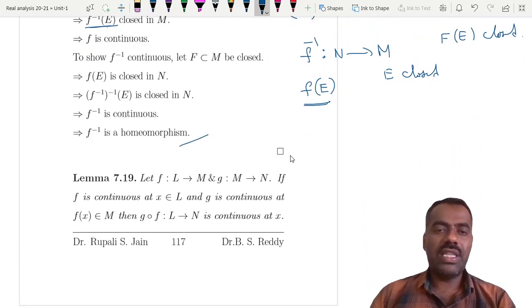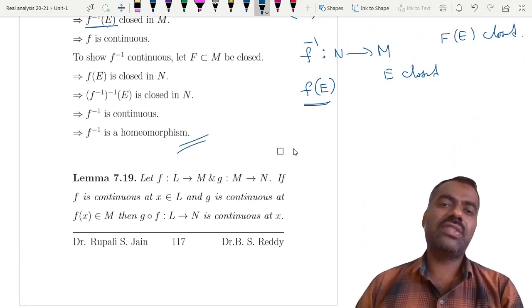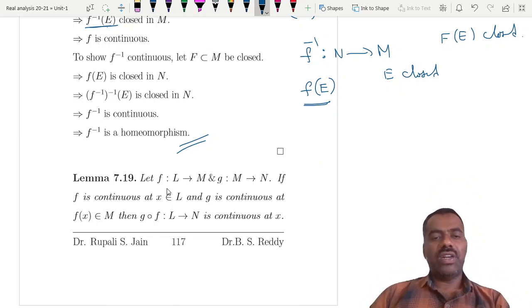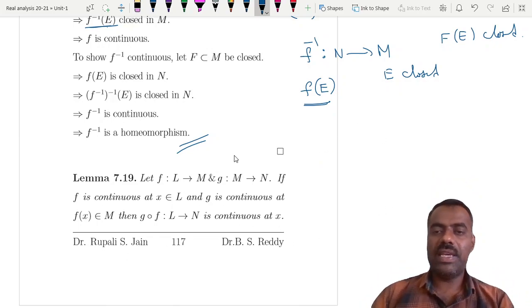So we have just now seen the characterization, or equivalent conditions, for homeomorphism. And what we have here is simply the algebra of these continuous functions and so on.